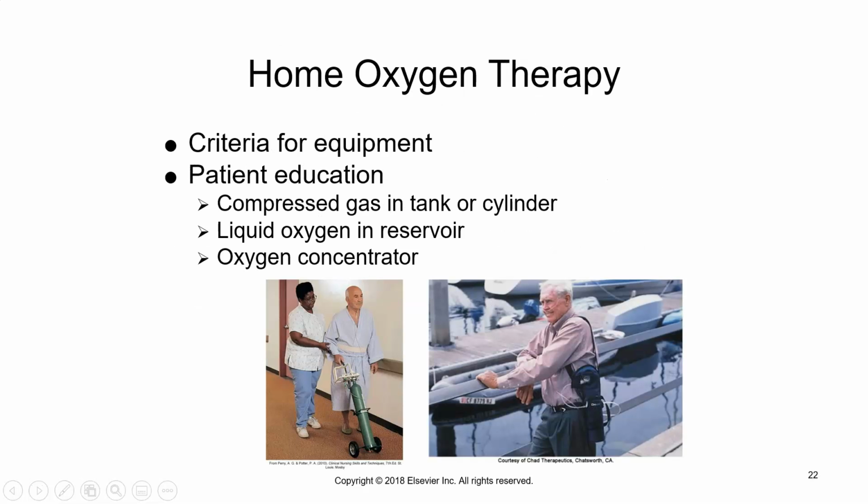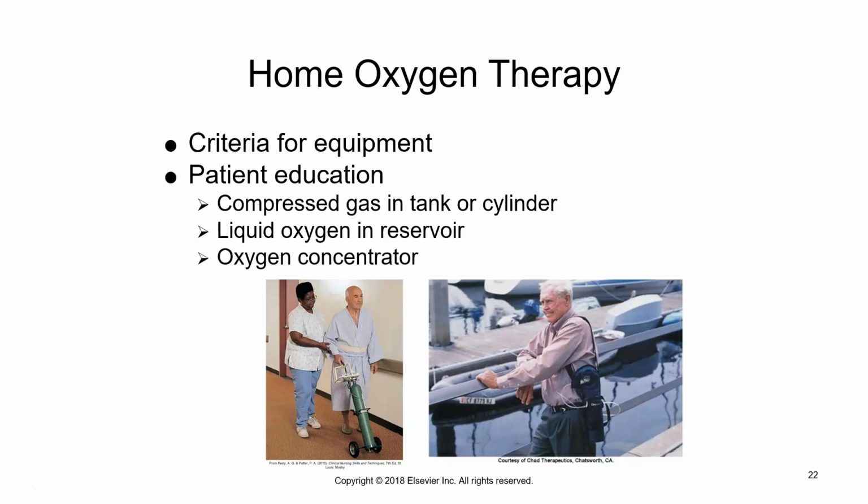When you have someone who has home oxygen therapy, you want to make sure that you have the criteria for equipment, and it's different with different insurance companies. They may say that they have to have shortness of breath, they have to have a certain O2 saturation when ambulatory or at rest.